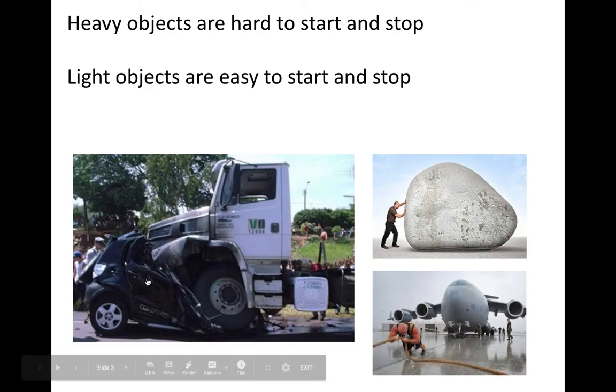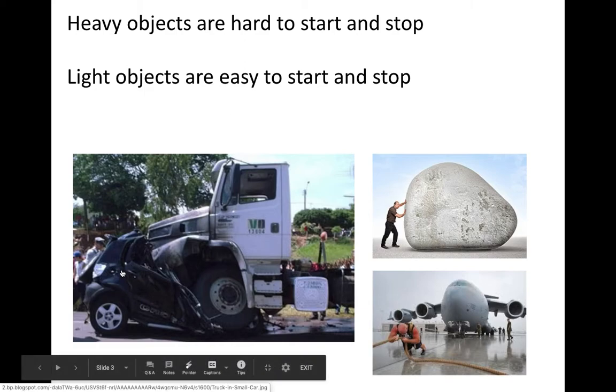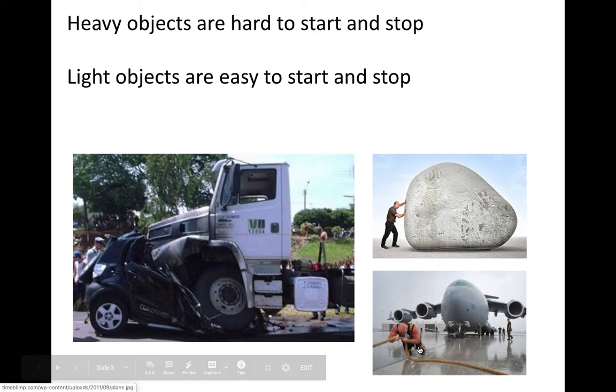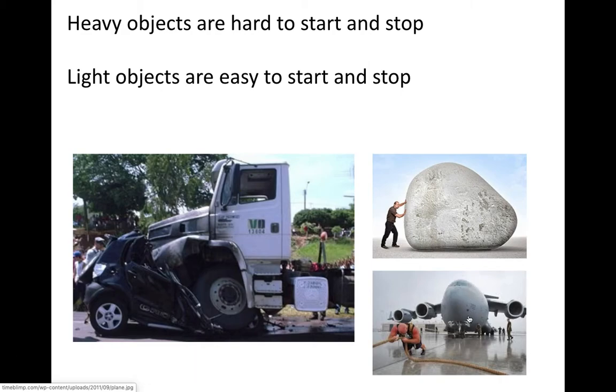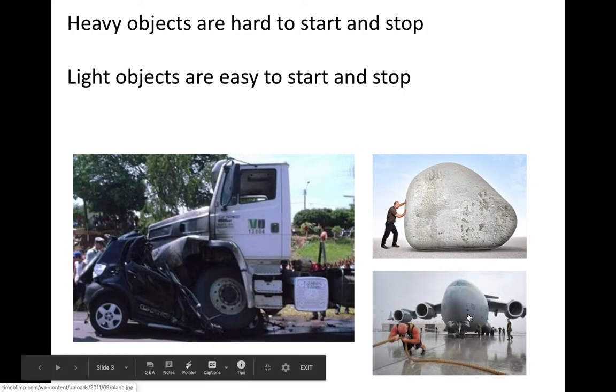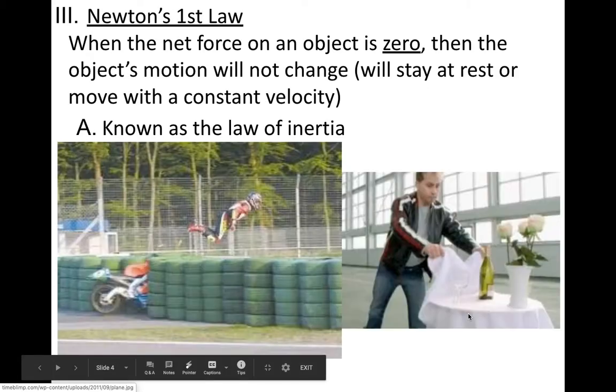In this case, the light car stops much faster than the truck, but the truck eventually does stop. If you've ever seen a strongman pull a bus or an airplane, it can happen. But here's the thing, once that airplane is moving, it's a lot easier to pull because once it's moving, it wants to stay moving because of its inertia. The tough thing is just to get it started.